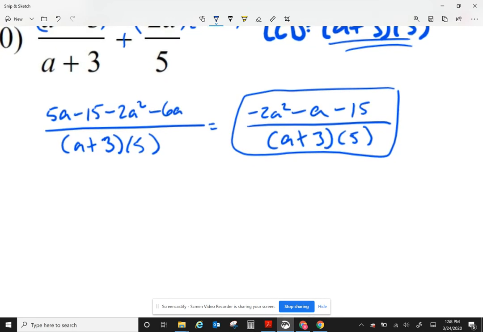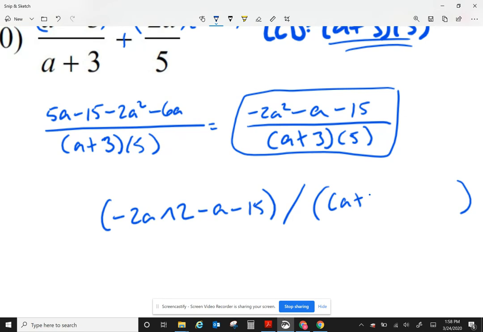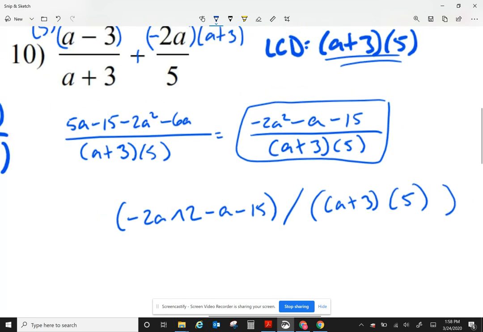Now, the way I will type this, on the top I have negative 2a squared minus a minus 15, close parentheses, over. Now at the bottom, let me have a whole set of parentheses, and I'm just going to have a plus 3 inside its own parentheses, and then 5 inside its own parentheses as well. There are no spaces at all together.